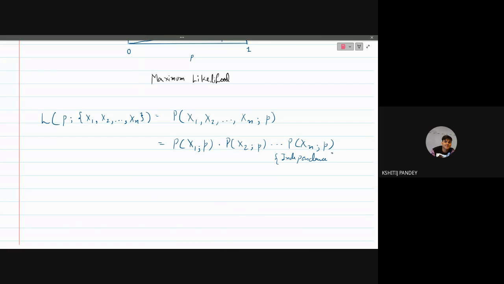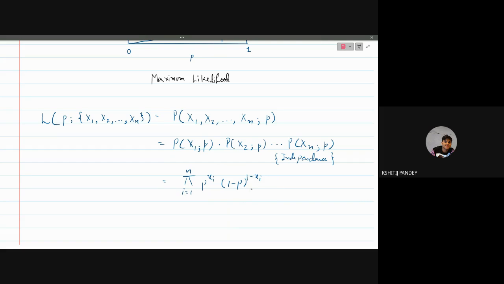So now this is equal to the product over i from 1 to n of p raised to the power xi into 1 minus p raised to the power 1 minus xi. This is a different way of writing the Bernoulli distribution PMF.